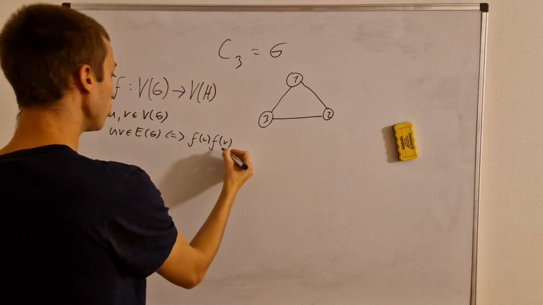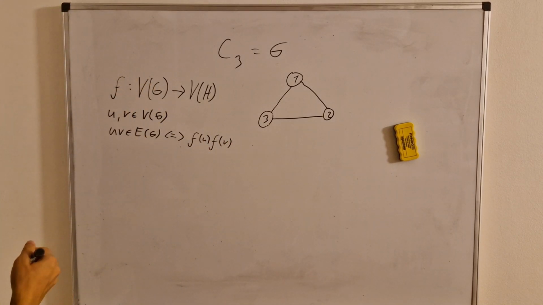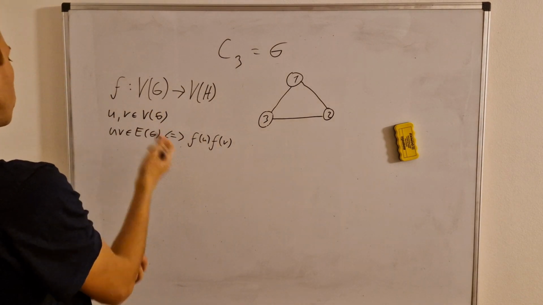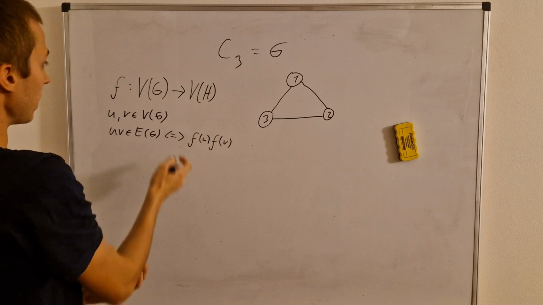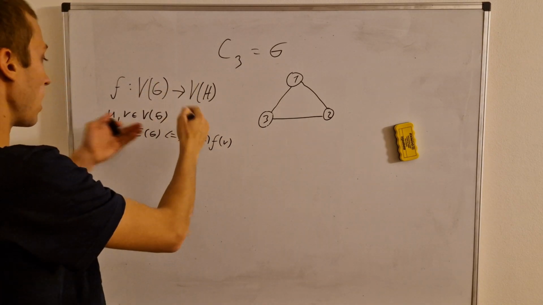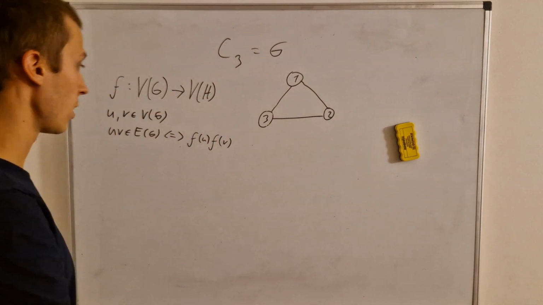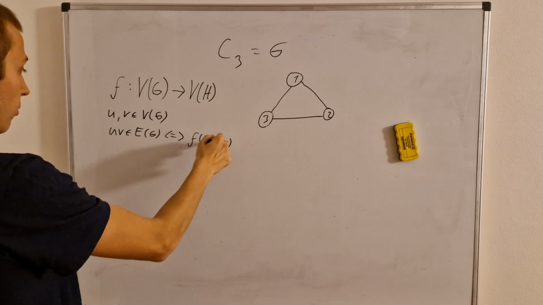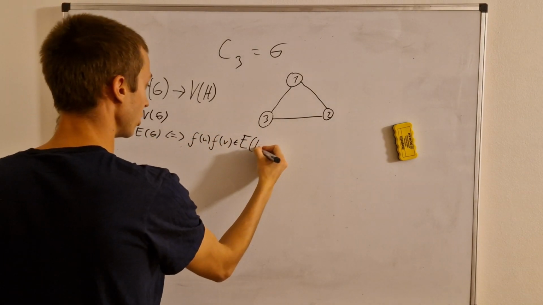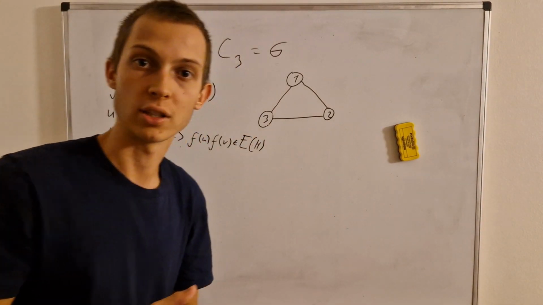That means basically that the placeholder for what u or v respectively were in the vertices of G is now in H. So we apply f to u, f to v, in order to make them vertices inside H. So now it's a new edge in H, f of u, f of v, instead of uv. That will be, unsurprisingly, in the edge set of H. So we transform the vertices so that we preserve edges.